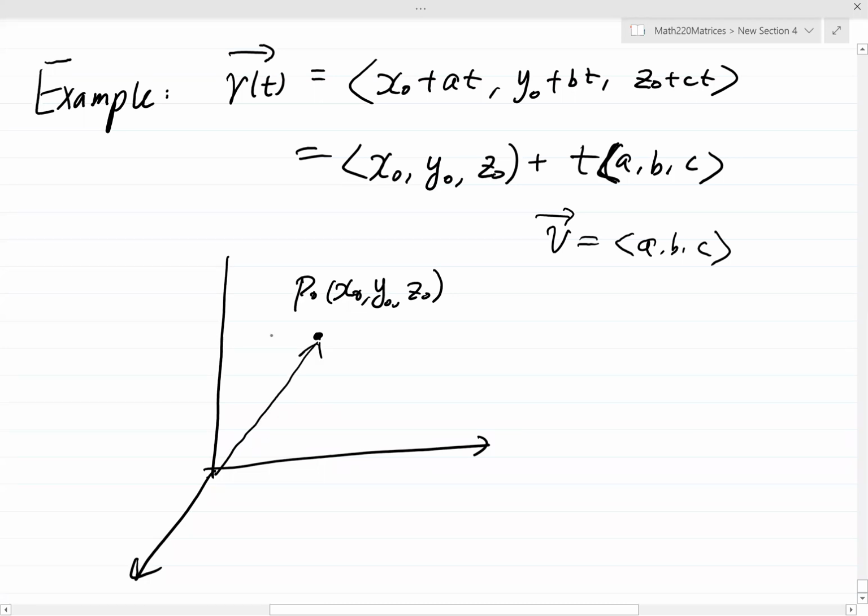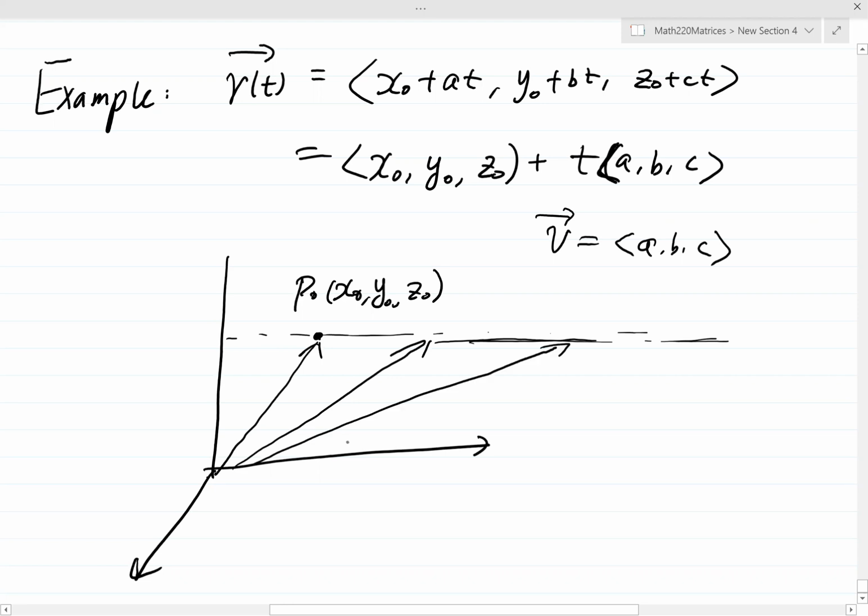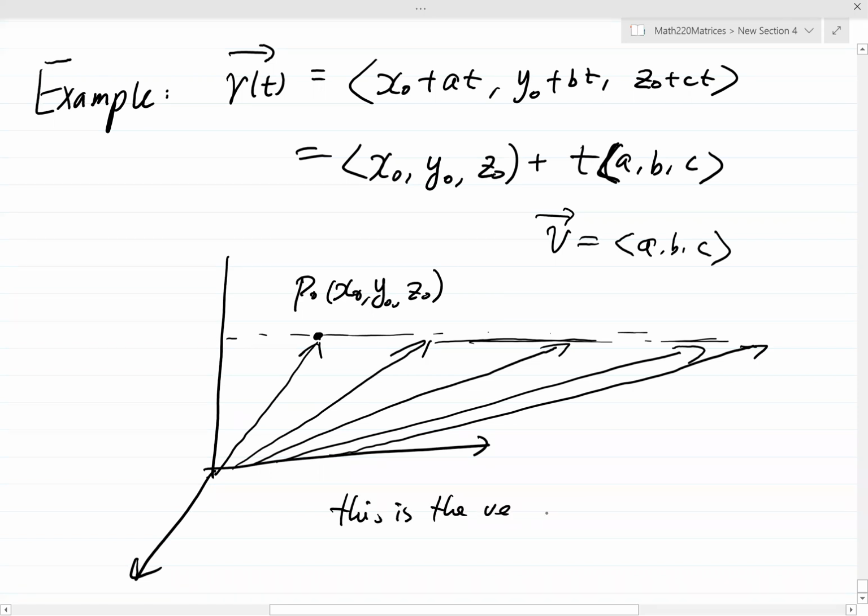We translate along the directional vector, in the v direction, so we can have different position vectors. This translation using a directional vector is actually the vector form equation of a line.